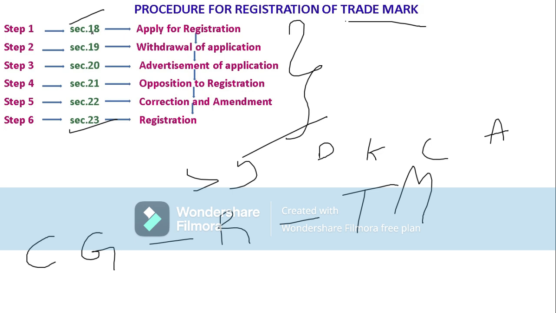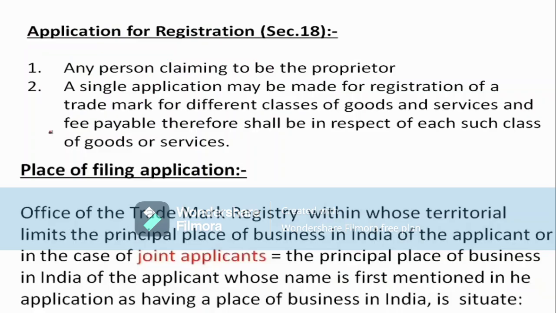It starts from section 18, which is applying for registration. This is the first step in the procedure. Under the first step, section 18 deals with application for registration.